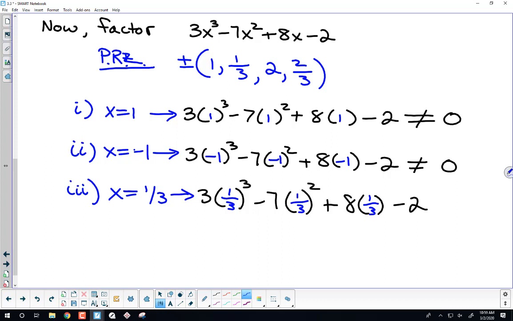Okay, so x equals 1/3. We have 3 times, what's 1/3 cubed? Or what's 1/3 times 1/3 times 1/3? 1/27th.